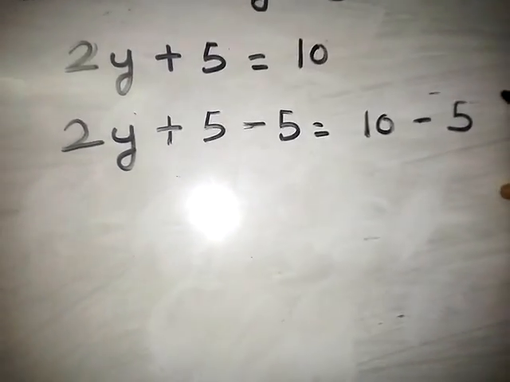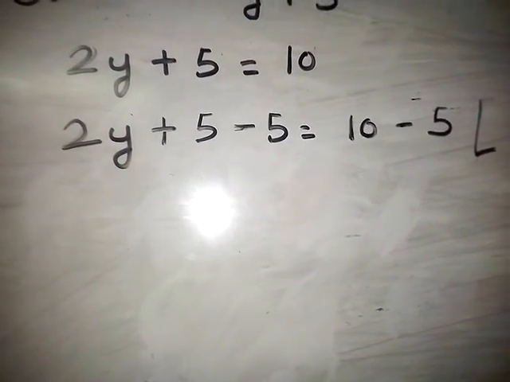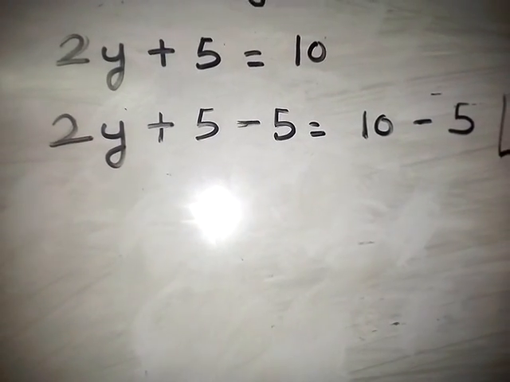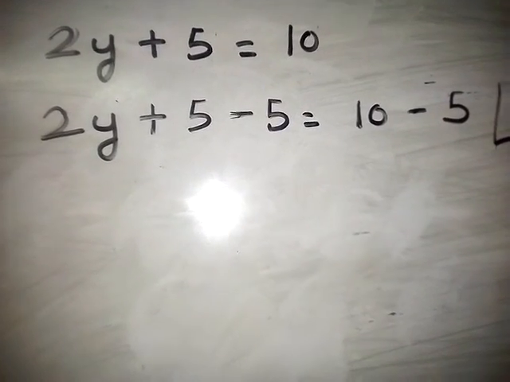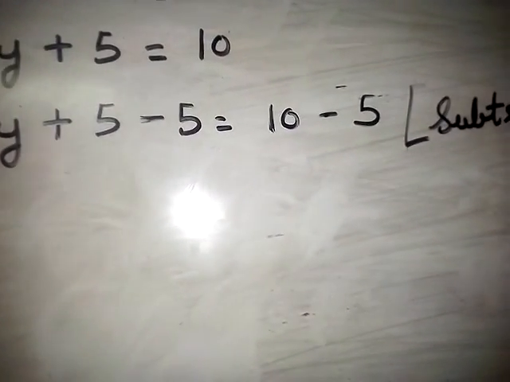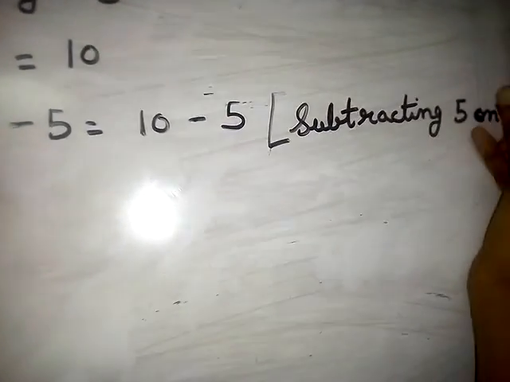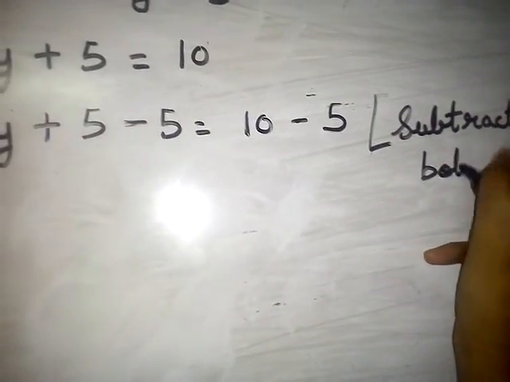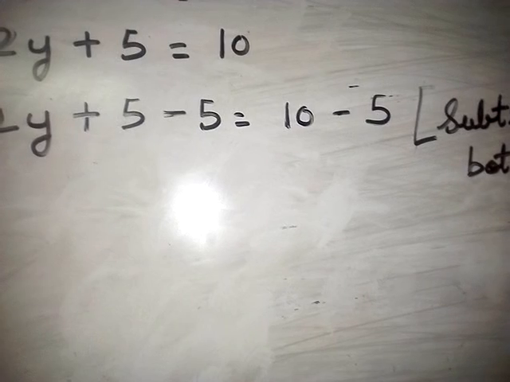So you have to write the reason: subtracting 5 on both the sides.